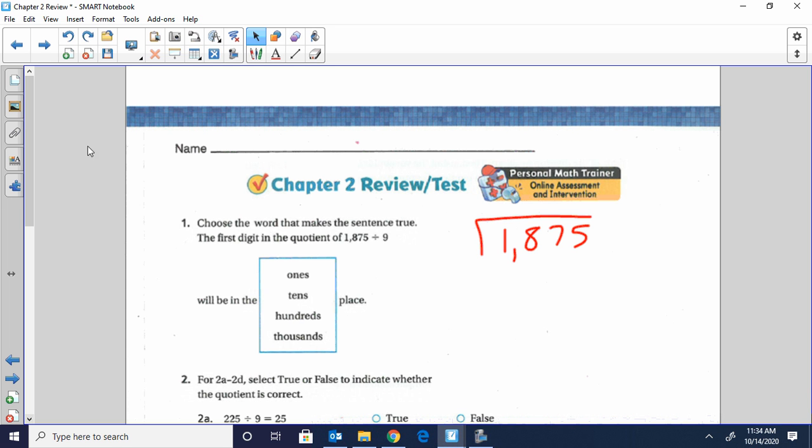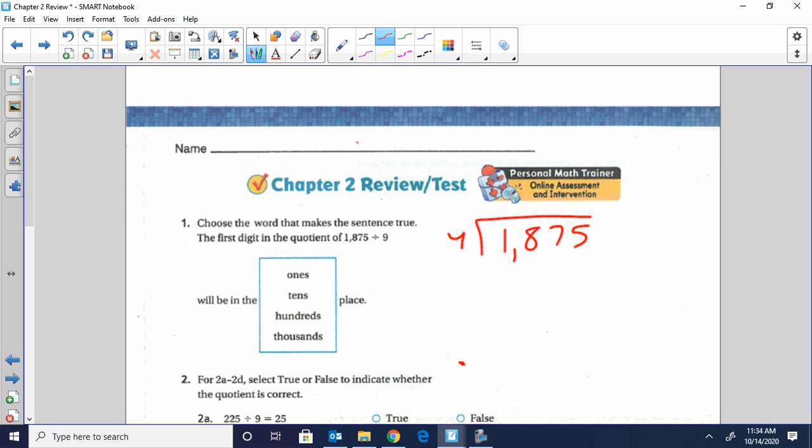The first question here says, choose the word that makes the sentence true. The first digit in the quotient of 1,875 divided by 9 will be in the what place? Well, we have 1,875.